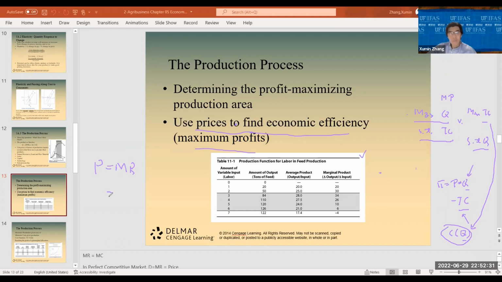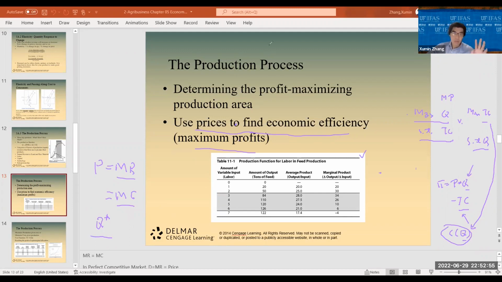And once we make this equal to the marginal cost, we'll find the Q star. This is the logic behind. I don't want you to go that deep, but I want you to understand marginal revenue equal to marginal cost. This is the optimized output. This is where we find the Q star.